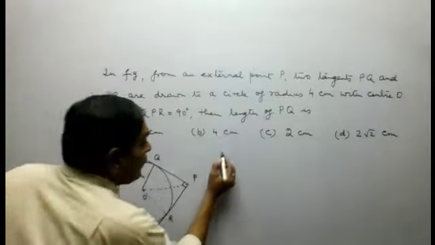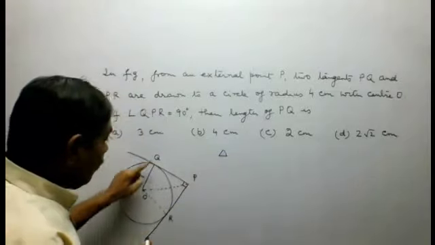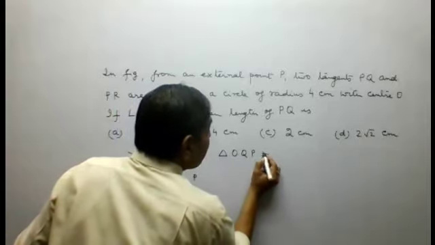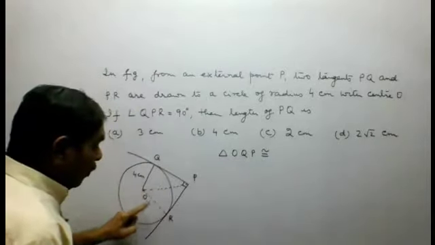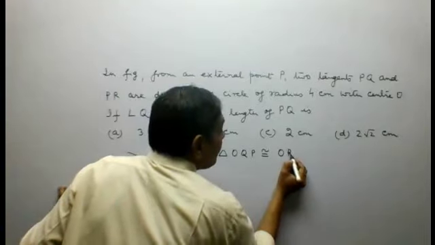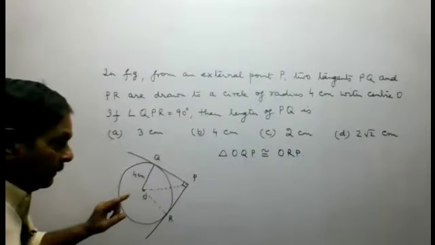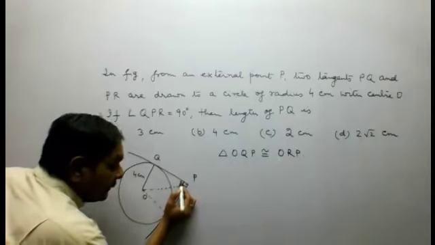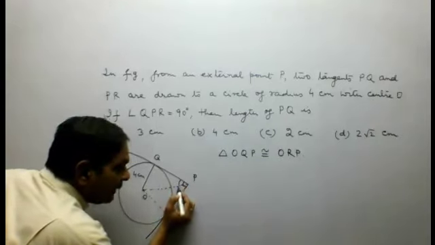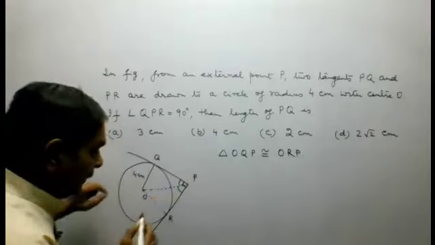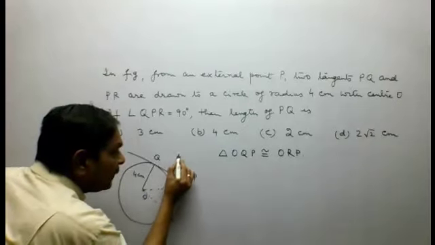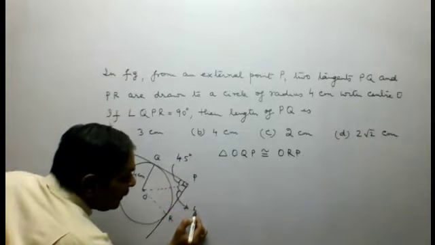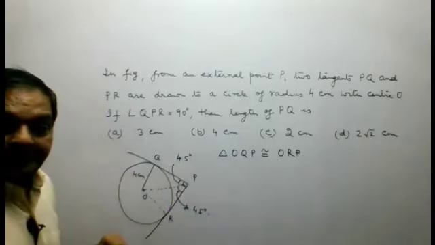So triangle OQP is congruent to triangle ORP. Now we have been given that this angle is 90 degree, means half the angles will also be equal. That is, this angle will be of 45 degree and this angle will also be of 45 degree.